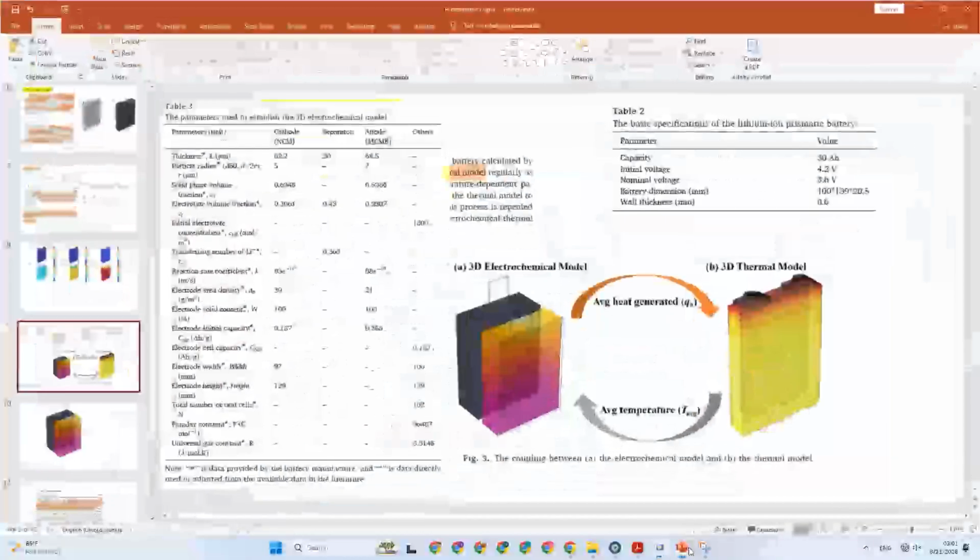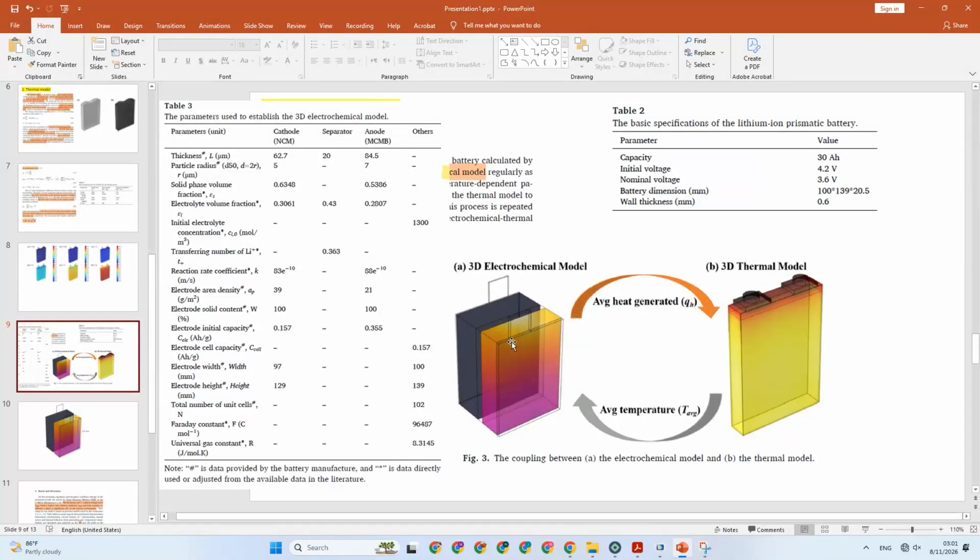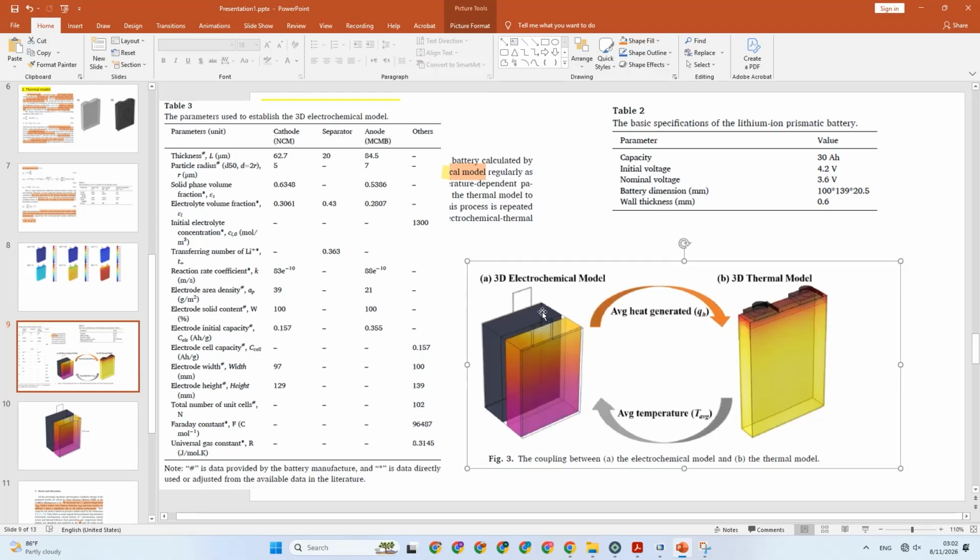And we must cut it to 1, 2, 3, 4, 5 layers. Let's divide it into 5 layers.